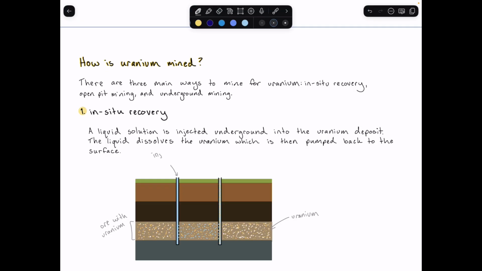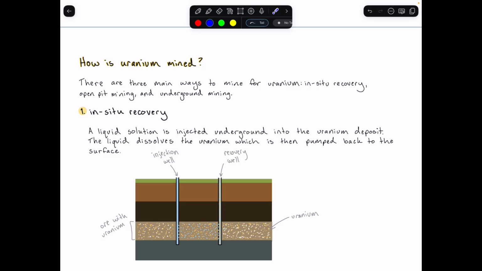So this is the injection well, and this is the recovery well. What happens here is that a chemical solution is injected into the injection well. This solution is then released at the bottom here, at the level of ore that contains uranium, and it dissolves the uranium as it flows through the rock.